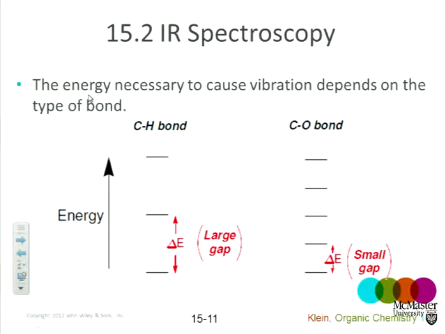So this means that in a spectrum of a compound that has both CH and CO bonds, we will see two separate peaks at two different frequencies. One corresponding to stretching the CH bond, one corresponding to stretching the CO bond.